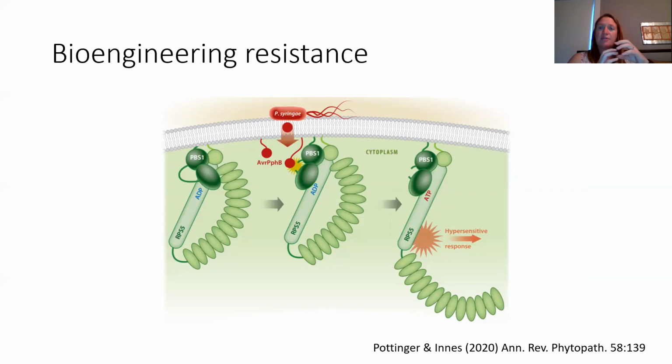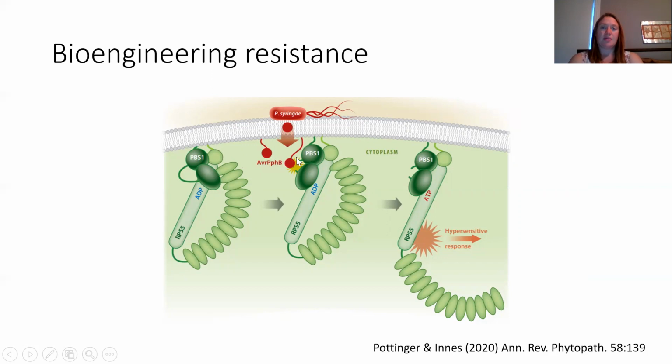So you can take that entire module, so 2 different genes, and put them into a different host instead of relying on just transferring the R protein itself. In this case, this happens to be a signaling module that's well conserved. And so what these people did was they have this R protein here that's guarding PBS1 at the plasma membrane.